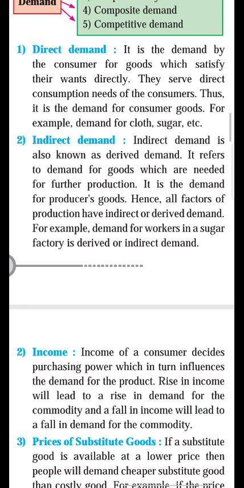For example, factors of production: raw materials, iron, steel, cement. All these are indirect demand, all these are derived demand.